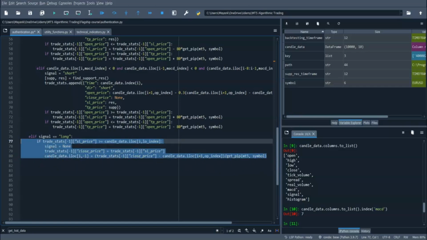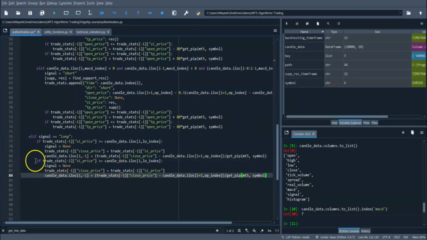Now let me copy this code block. Let us paste it and now update this logic to see what would happen if we hit the take profit target. So in this case, if TP price is less than or equal to the high index, what does this mean? This means that the high price for a given candle breached the take profit price.